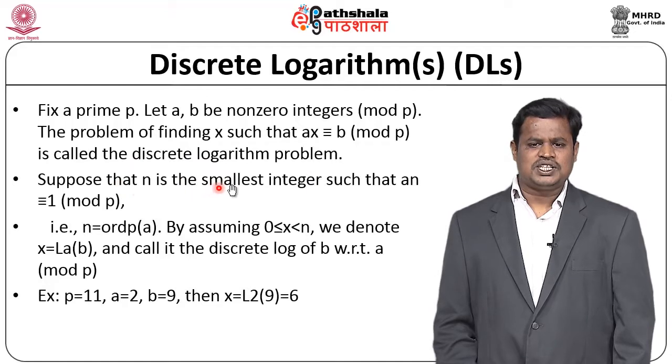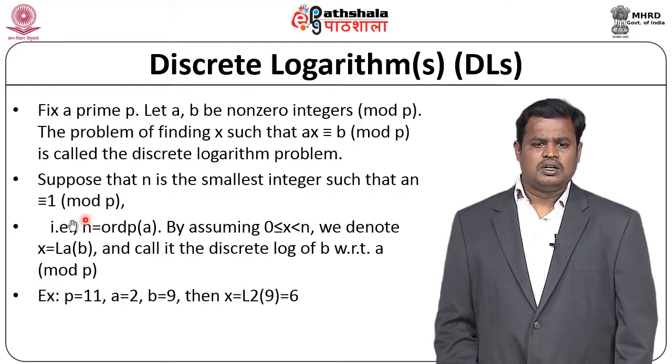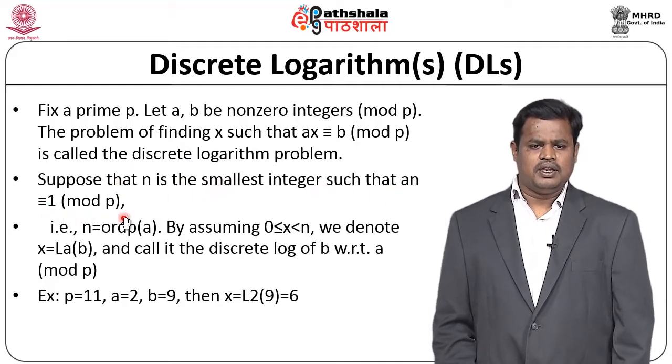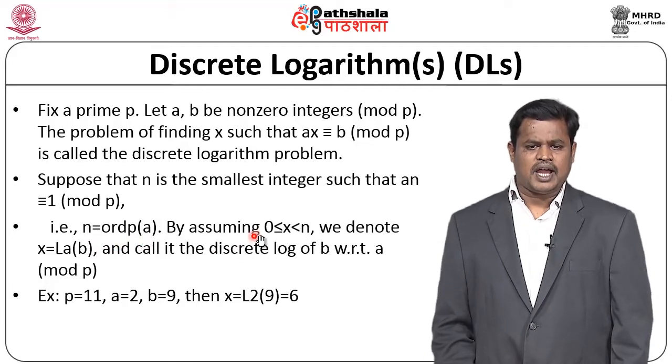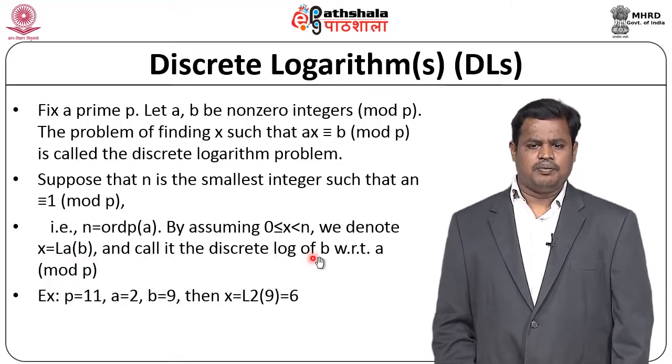Suppose that n is the smallest integer such that a to the power n is congruent to 1 mod p, that is, n is the order of a mod p. Assuming that 0 is less than or equal to x, which is less than n, we denote x as L_a of b, the logarithm of b, and it is called the discrete log of b with respect to a.